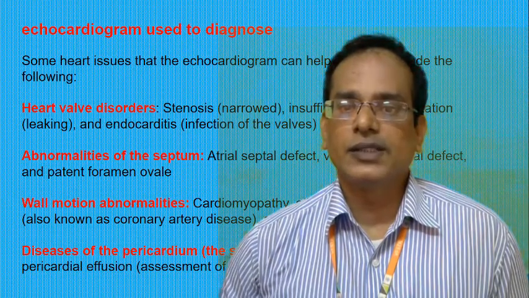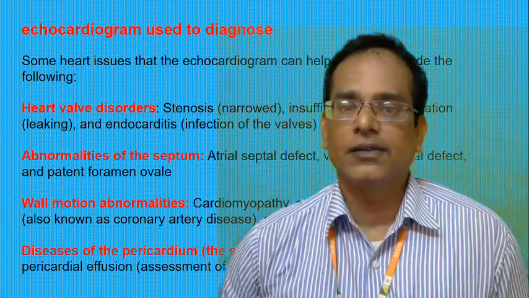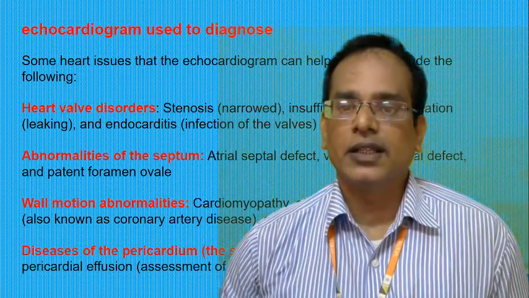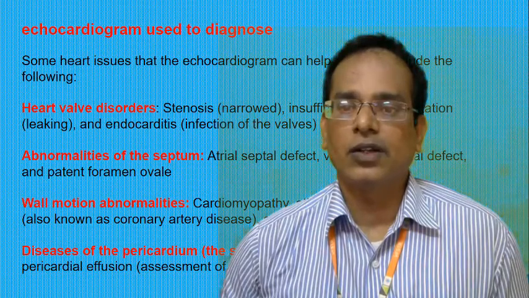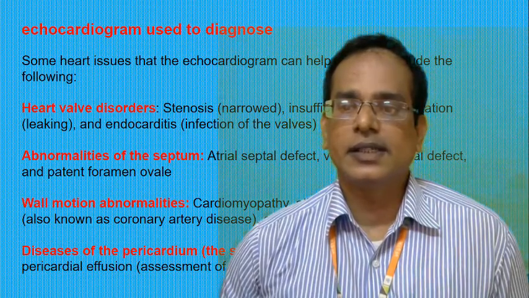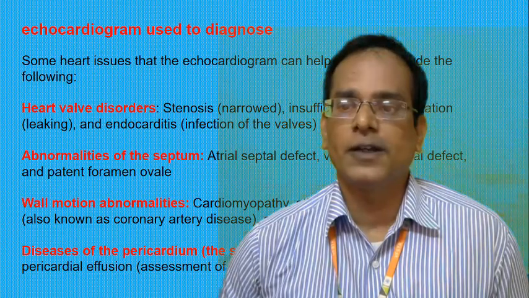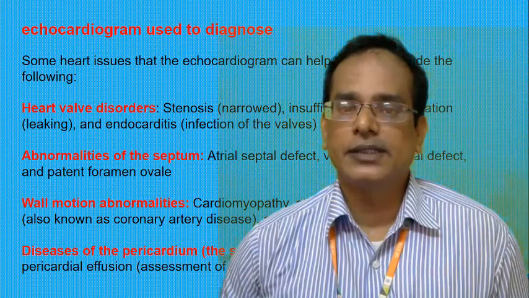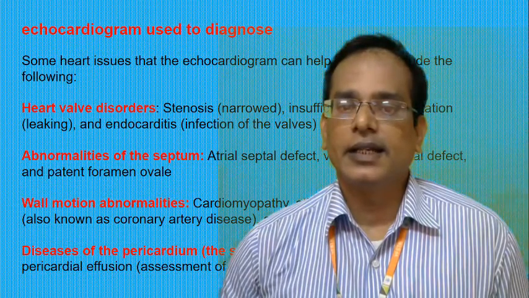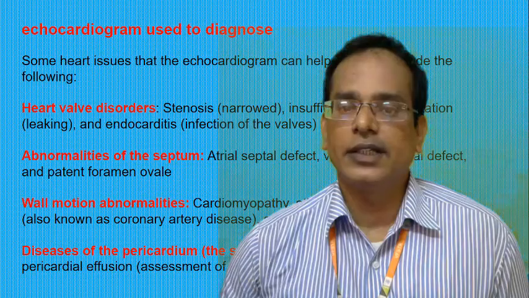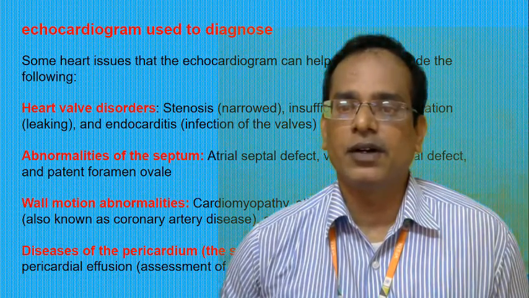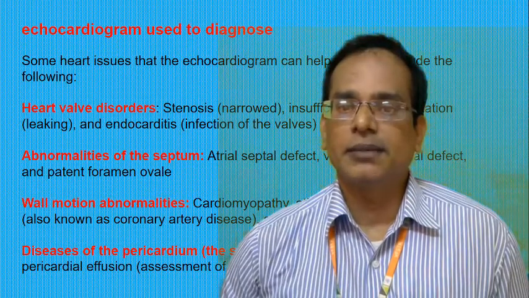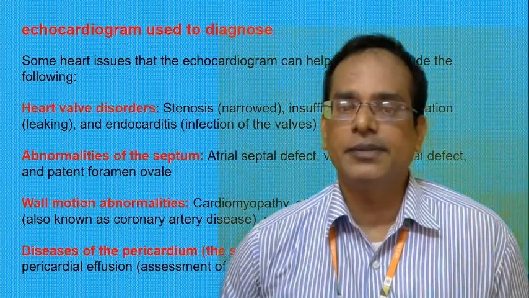First, it is used to diagnose heart valve disorders. Stenosis is when the heart valve becomes narrowed. There can also be insufficiency, or irregular blood flow, which is called leaking. And they also find endocarditis, which means infection of the valves. This can be diagnosed with the help of echocardiogram.